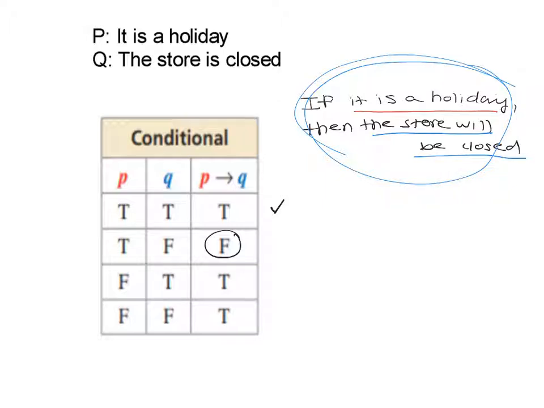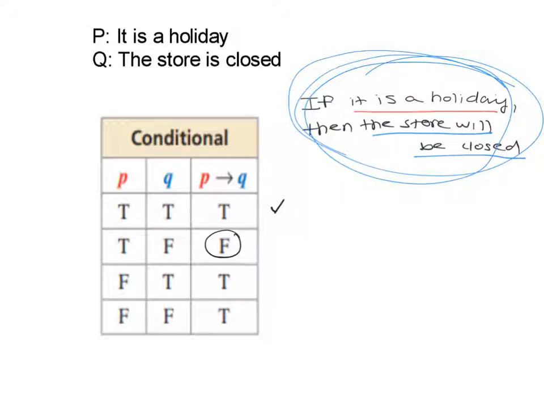Now, if it is not a holiday and the store is open, then of course this statement can still hold true, right? Does that make sense how I went through this truth table with that? Do you have any questions? That's how you have to think about it on these statements. You have to say, okay, is it possible?